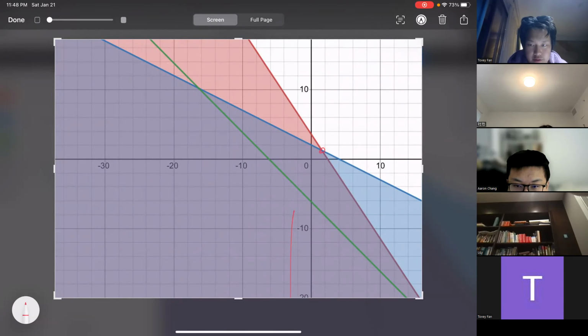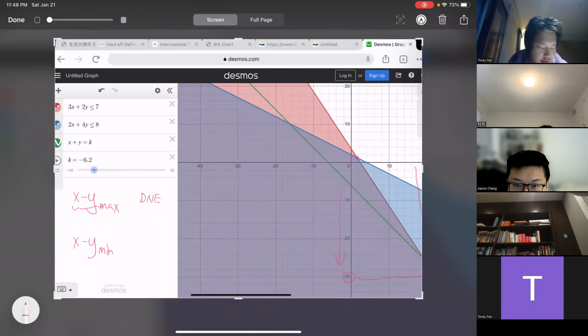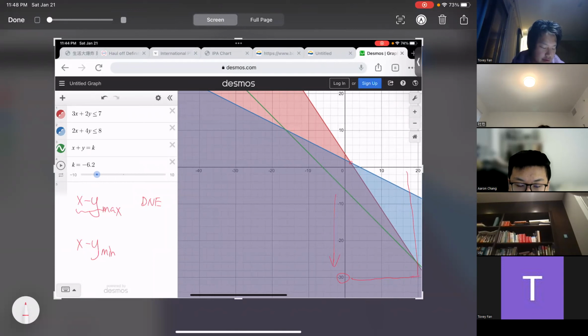The intersection will always be the maximum or the minimum value if they exist. Now, if they don't exist, then there's nothing at all, right? So my question is, does the minimum value exist here for x minus y? No. How do you know? Because it goes on forever.